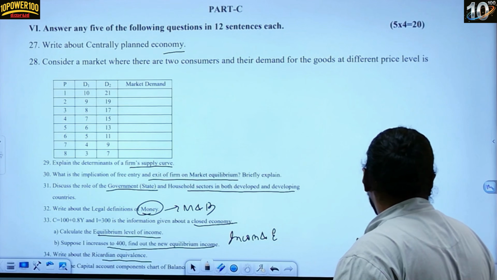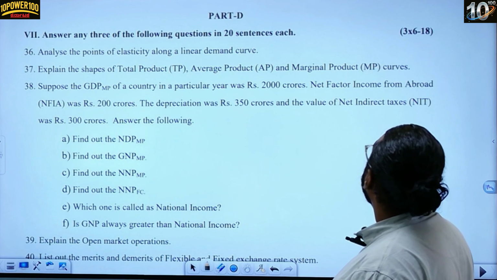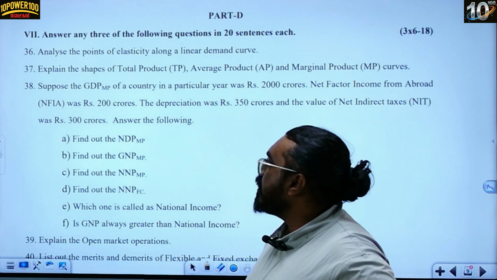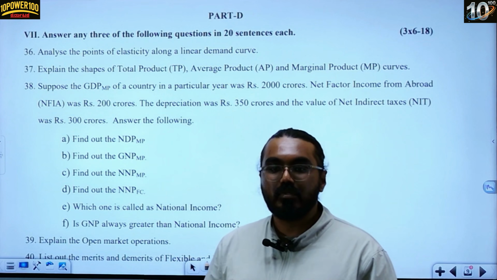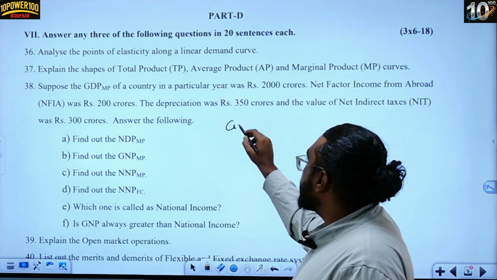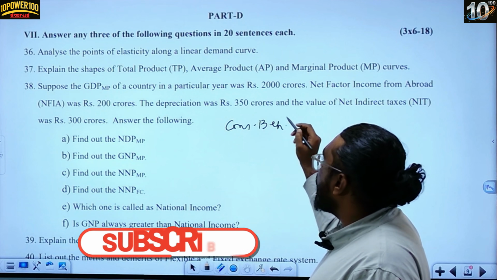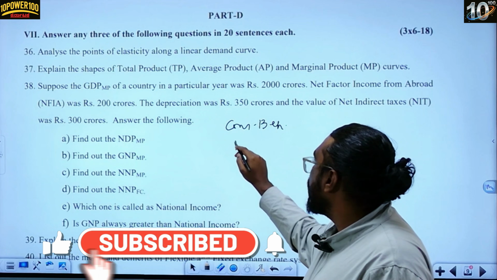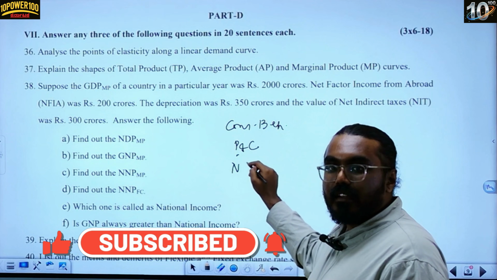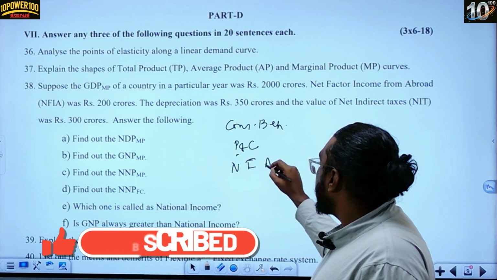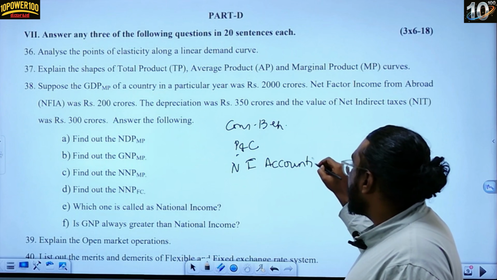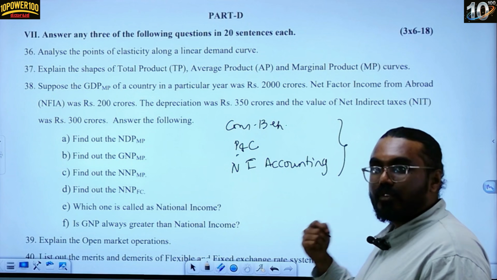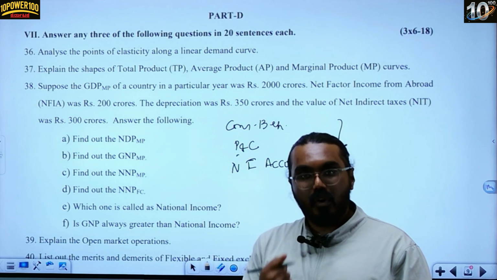Now let's move on to the 6 markers, where you need to answer 3 questions, right? You will have a total of 5 questions that you should focus on. Again, you'll see questions from consumer behavior. The first question is again from consumer behavior. Then you have production and cost, and you have national income accounting. And that's what I'm saying, these 3 lessons are good, important lessons for you to focus on.